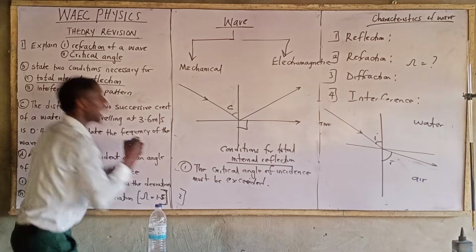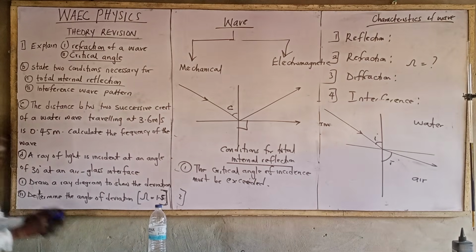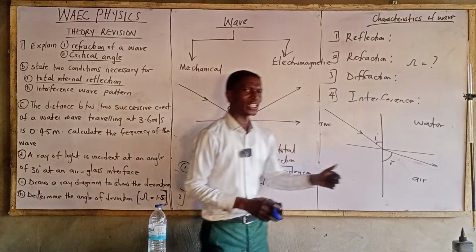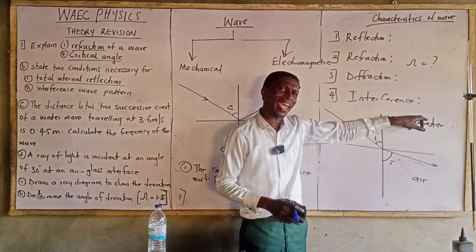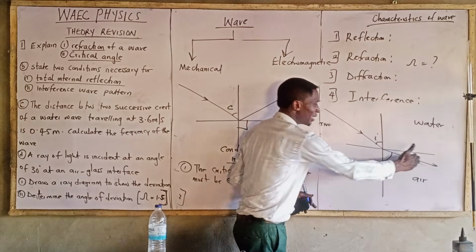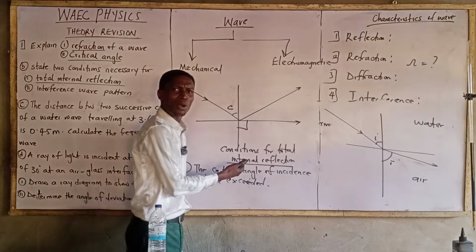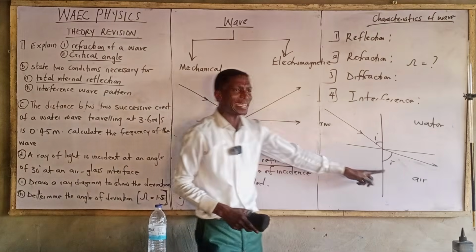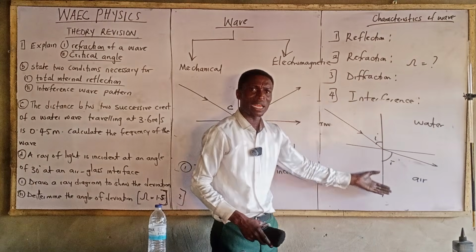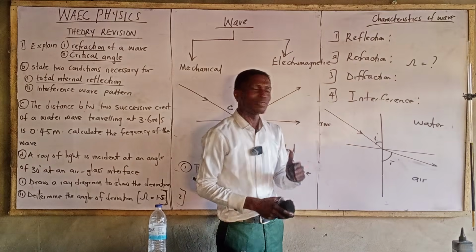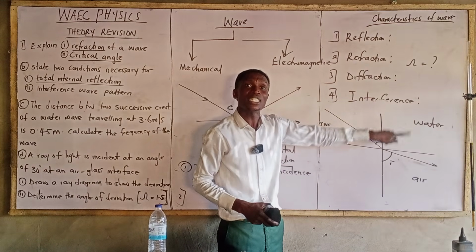Then condition 2 is this. How do I make total internal reflection occur also? Notice the other case, when it was from air to water, it moves towards the normal. In that case, you may not have total internal reflection. So it is likely to occur in a case like this where the refracted ray moves away from the normal, meaning that the light or the wave must travel from dense to a less dense medium.